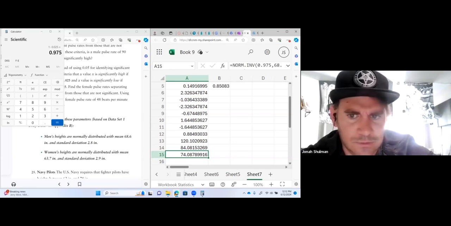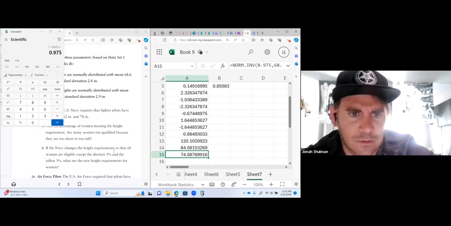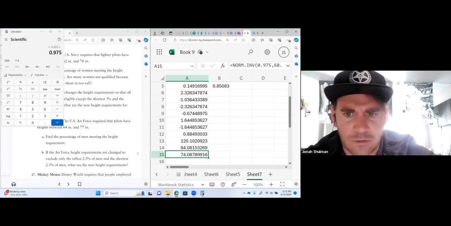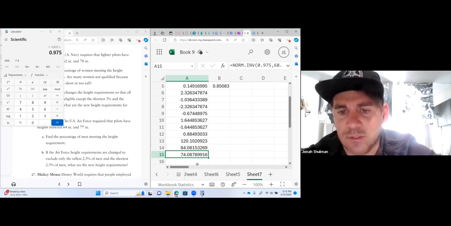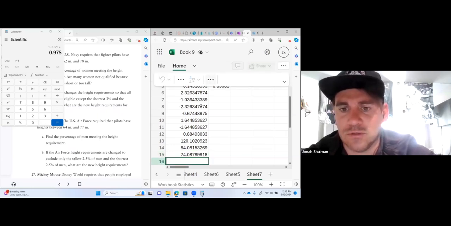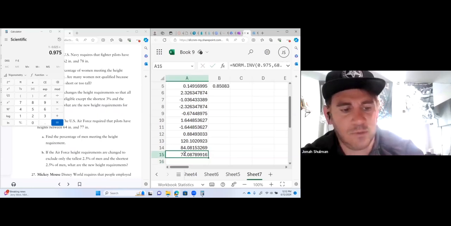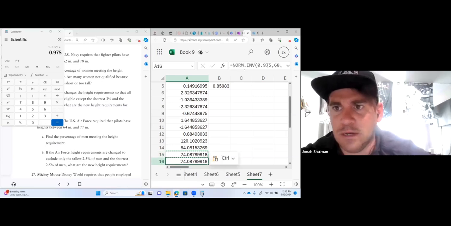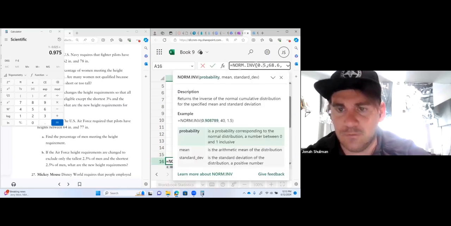So the new height requirements: I did the small one, I just have to do the other one, so it's basically the same thing, but now it's going to be 0.025.